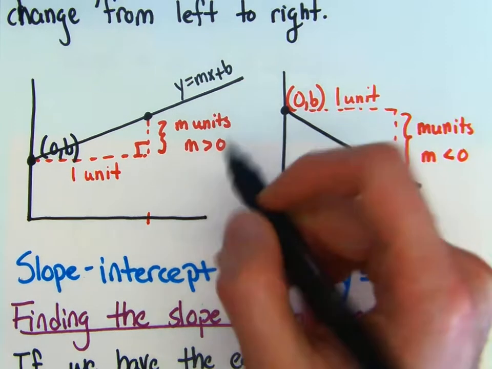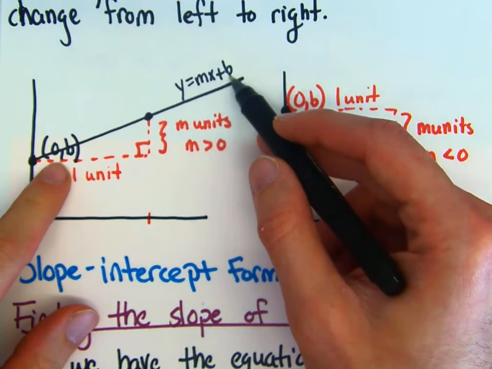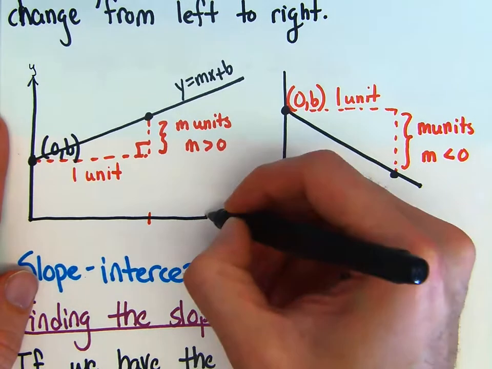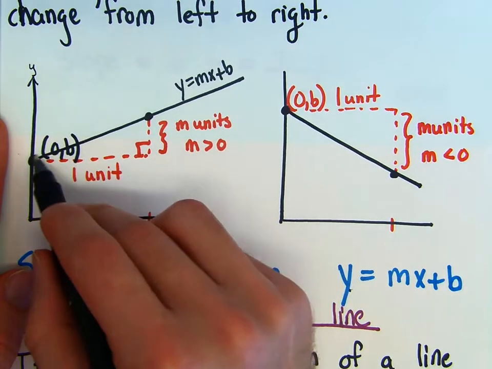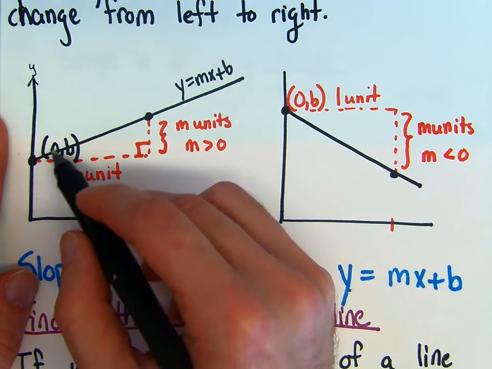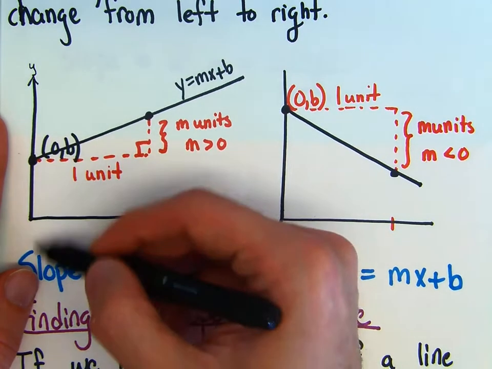If I have some equation of y equals mx plus b, this b is our y-intercept. So if this is the y-axis over here, and this is the x-axis over here, where the line crosses the y-axis will be represented by b. So this point would be (0, b), and it could be positive or negative.